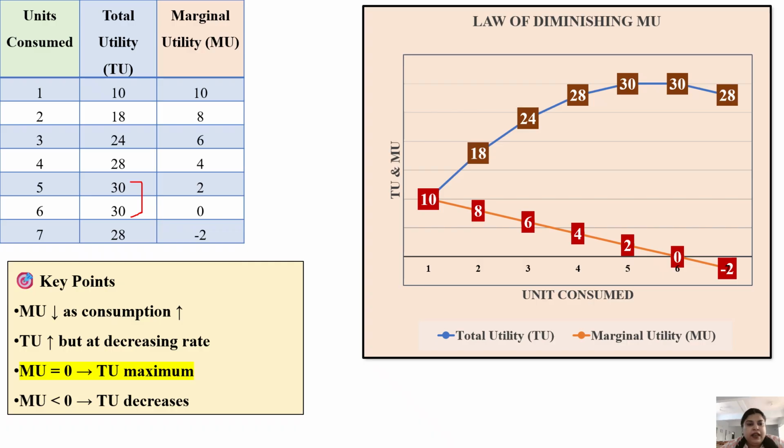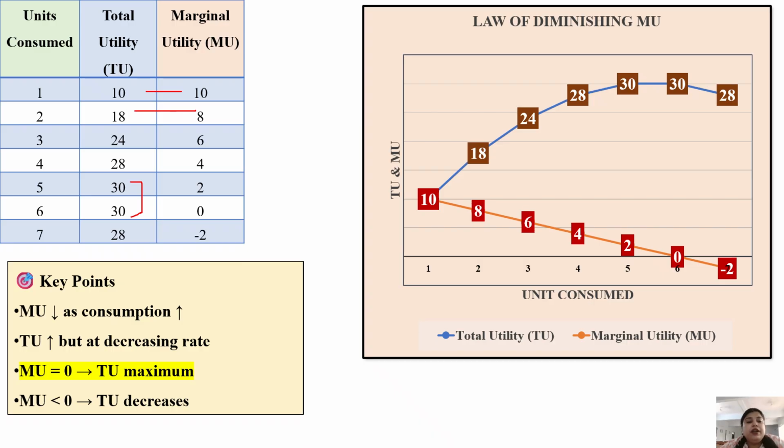Now, let's see how marginal utility is calculated. For the first unit consumed, the consumer gets 10 units of satisfaction and MU is also 10. After the second unit, the total is 18 units of satisfaction and the MU is 8, meaning 18 minus 10.